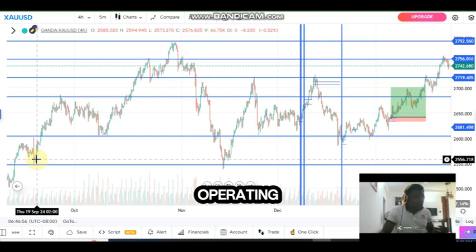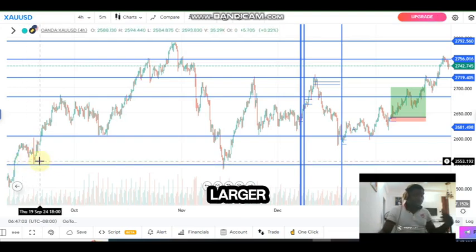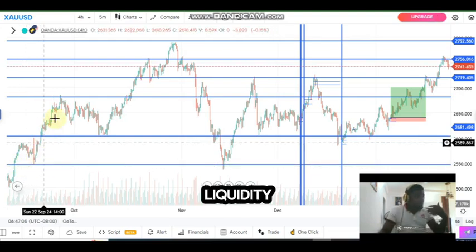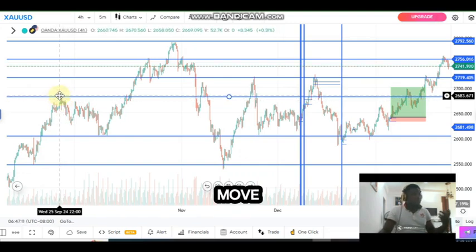As it fulfills these orders, the larger chunk of liquidity, the more the money is on the buy side than the sell side, the more the price will move. When it gets to this point where there is resistance, there are lots of people who feel that the price is going to fall, so they sold their assets.